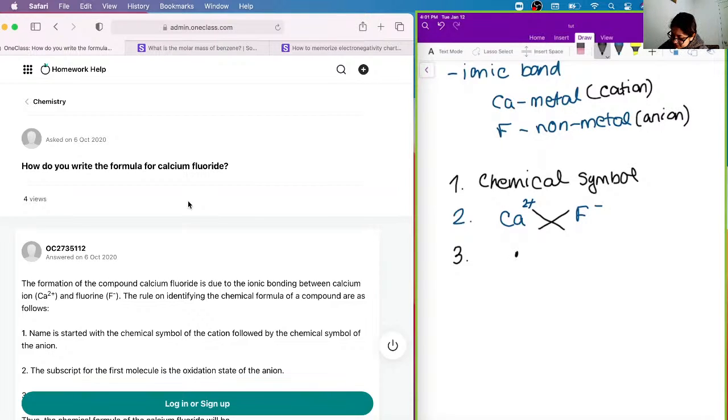And so the -1, so it's not the negative, it's just the 1 that becomes the subscript of calcium. And so we don't put a 1, and the 2 from the calcium is the subscript for fluorine. So you have CaF2.